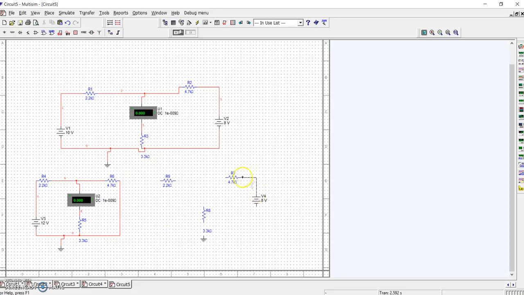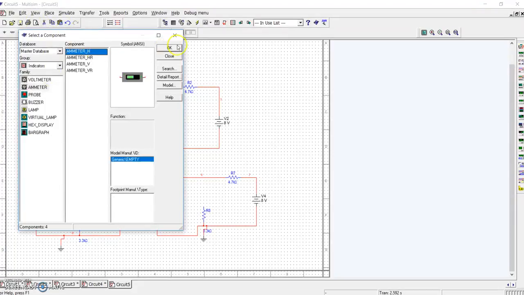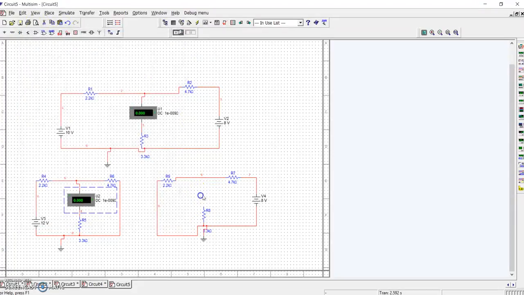So connecting this. We need an ammeter, rotating by pressing Ctrl R.